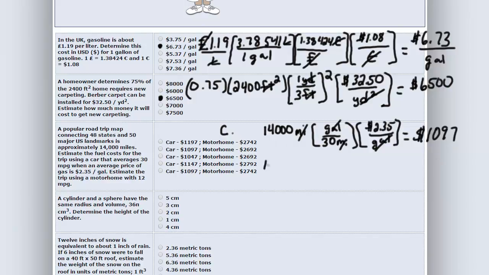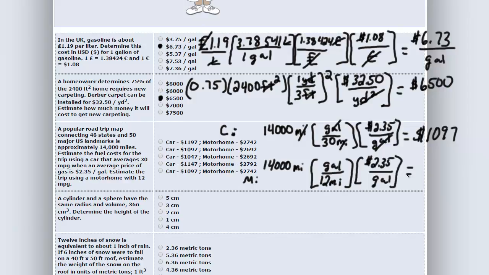Now if I take the same trip, the 14,000 miles, say I use my motorhome, and my motorhome gets 12 miles per gallon. So 12 miles for every gallon. And the cost of gasoline is $2.35 for every gallon.